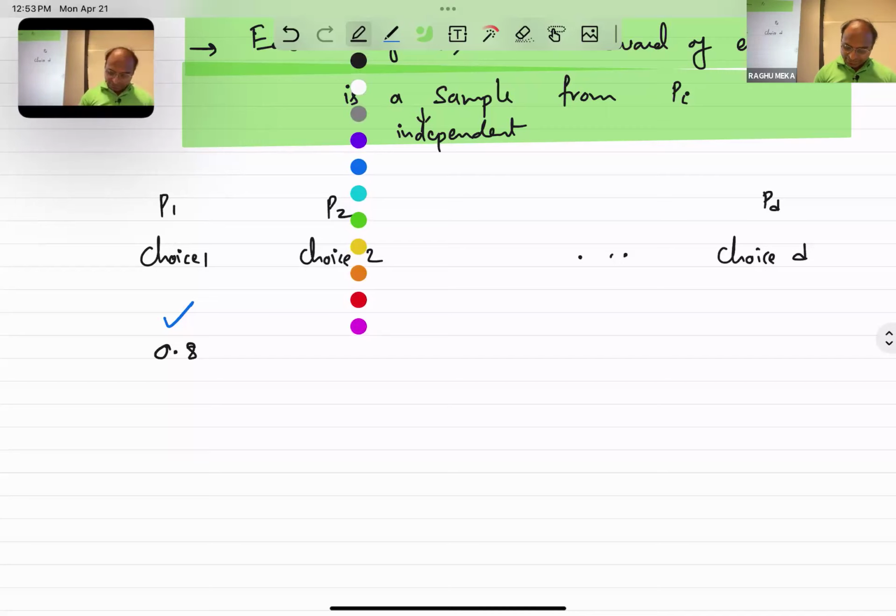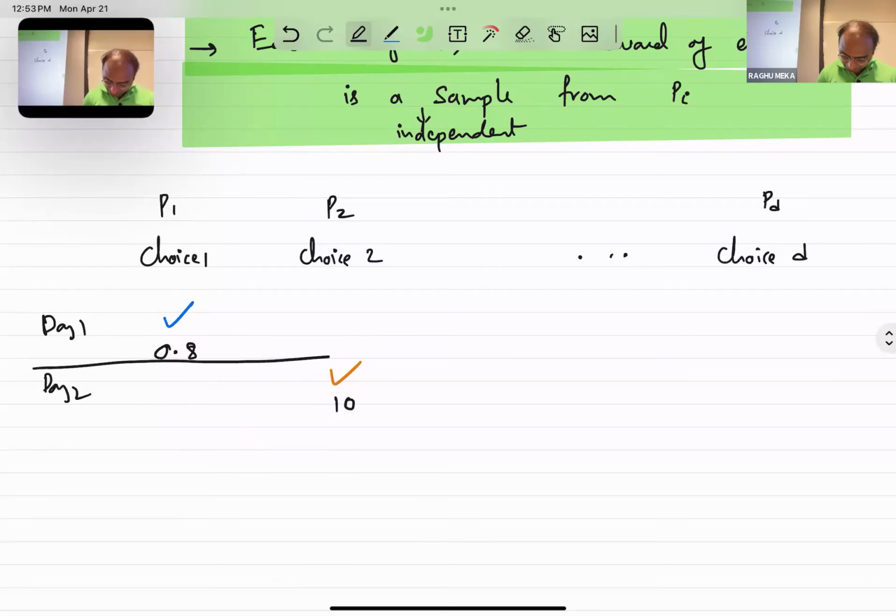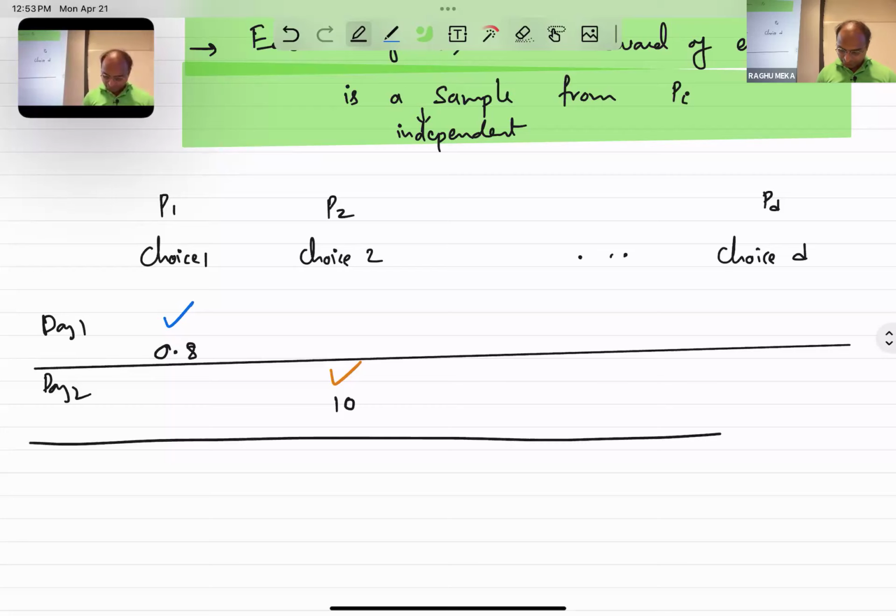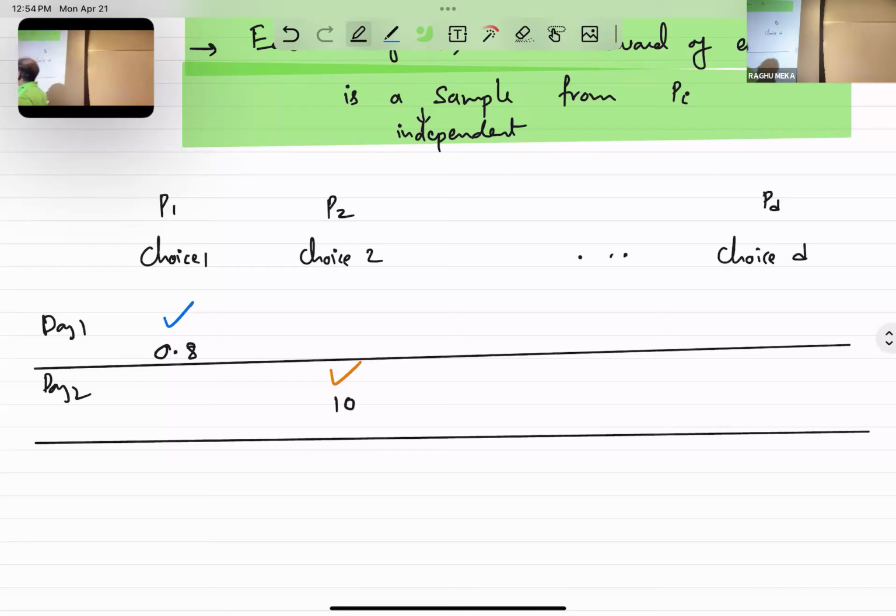And then next day, maybe I choose this expert. I see 10. This is day 1, day 2. All right. I don't even observe what happened with expert 1 here.